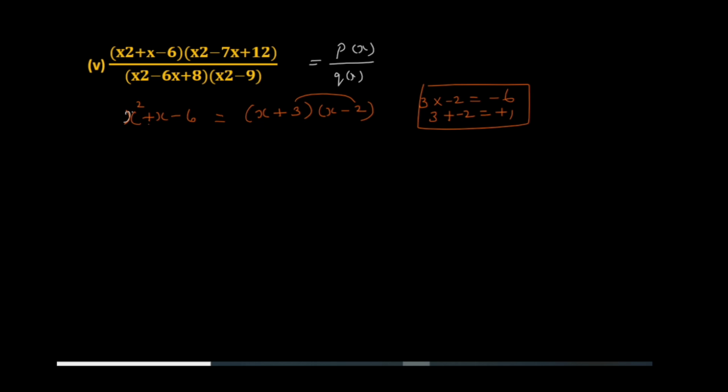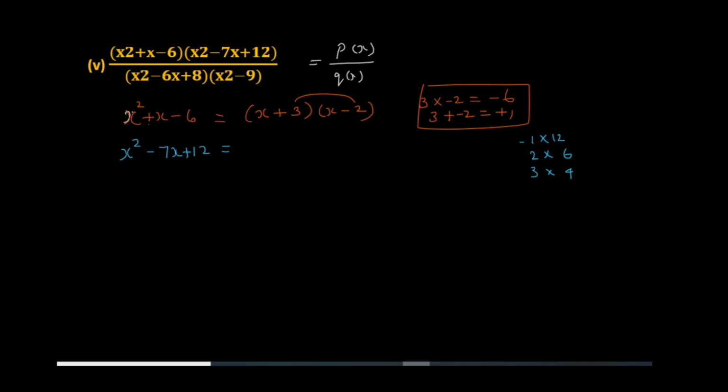Then next, x squared minus 7x plus 12. So 12's factors are 1 into 12, 2 6s are 12, 3 4s are 12. So everything is 12, we are getting plus 12.